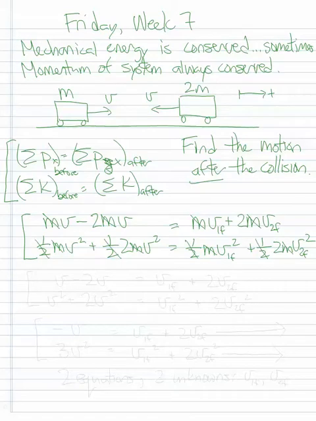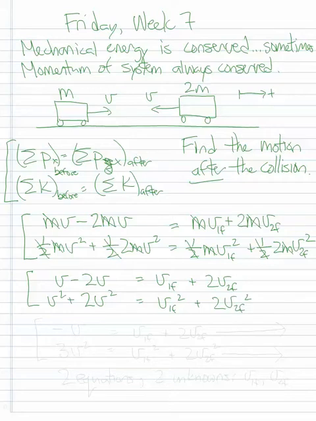And I'll rewrite that set of equations as v minus 2v is v1f plus 2v2f, and v squared plus 2v squared is equal to v1f squared plus 2v2f squared.